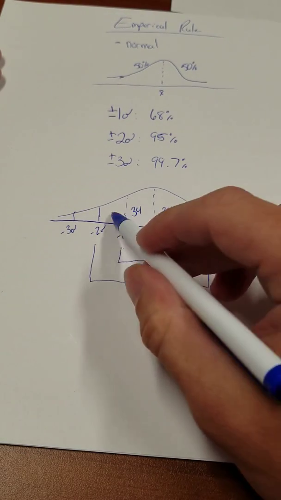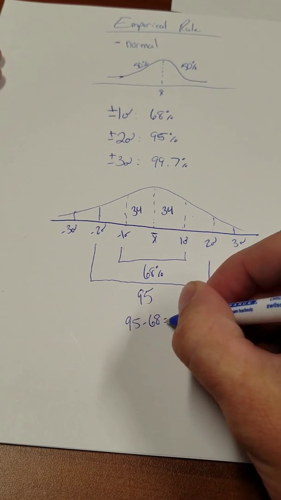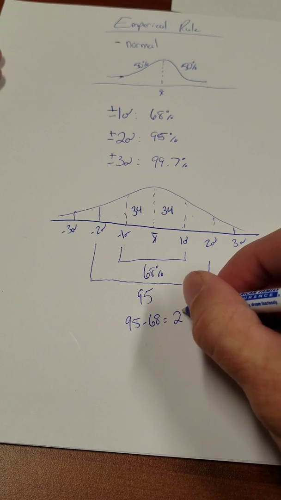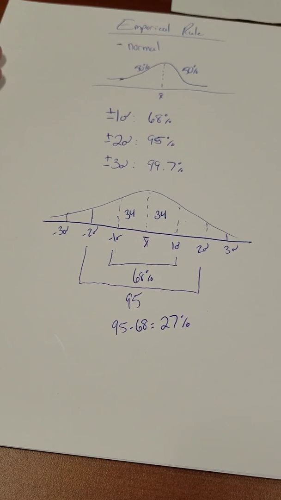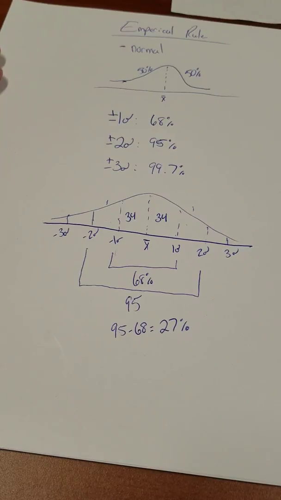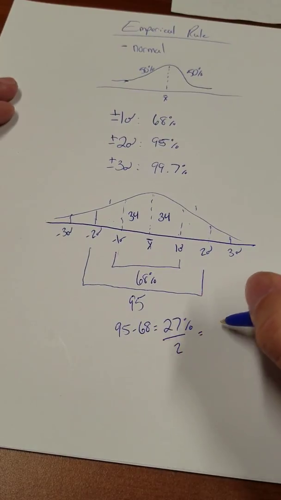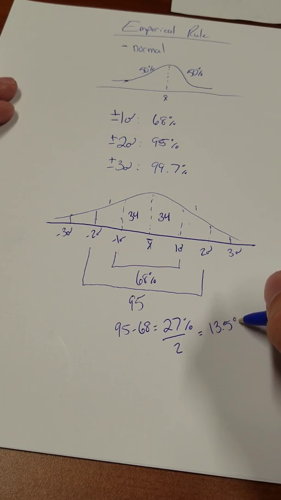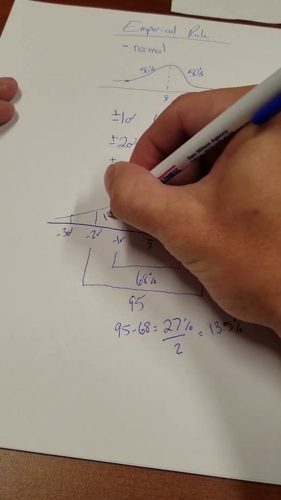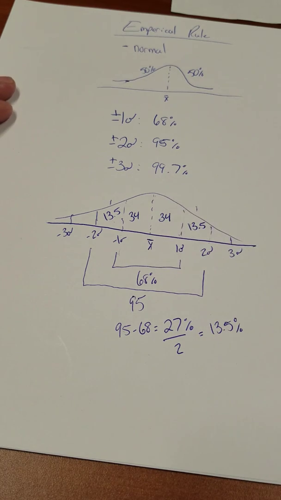So between these 2 places is 95 minus 68, which gives us 27% of our data. So 27% of our data is split between those 2 locations, which means if I take 27 and divide it by 2, because there's 2 equal regions, I get 13.5% of my data in each one of these areas.